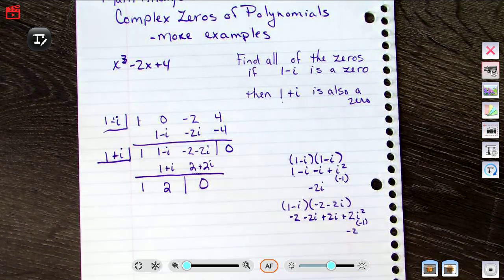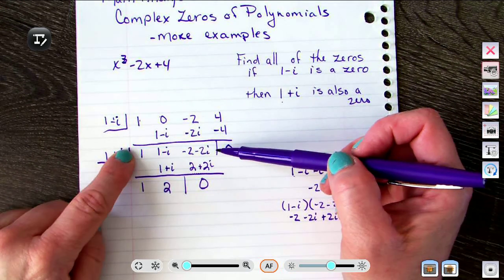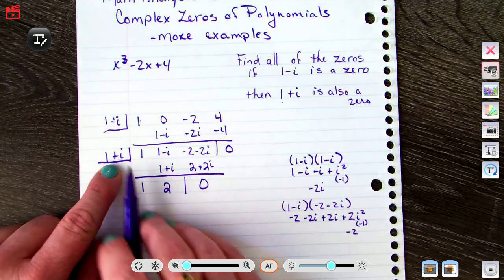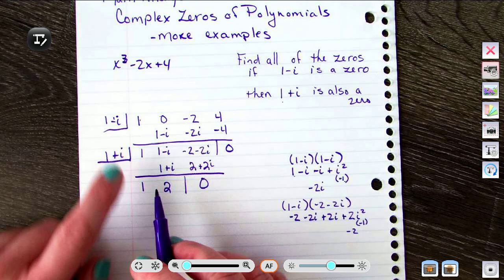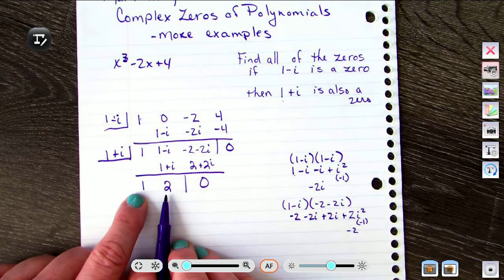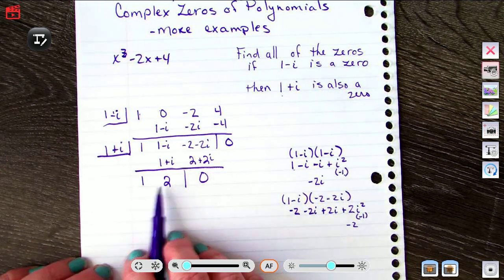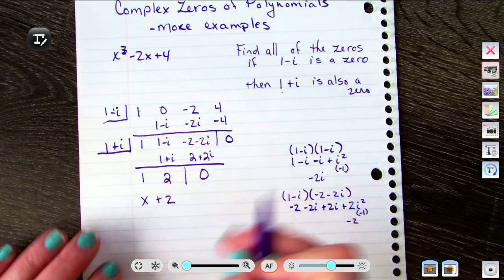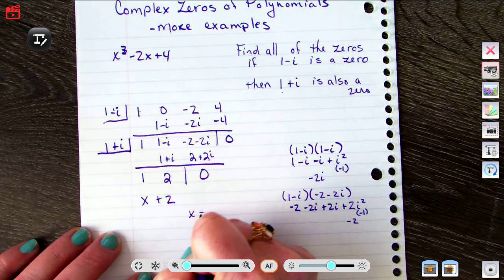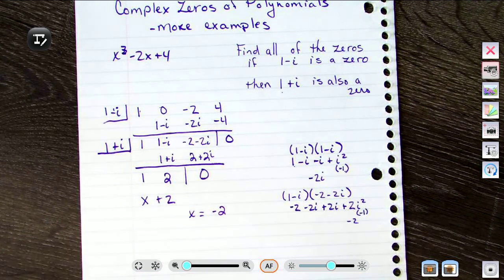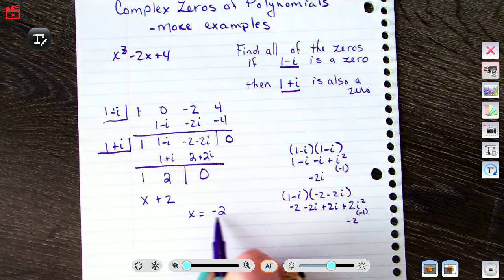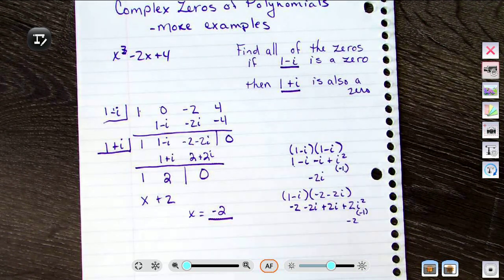So even though this was ugly when we were done, once you take that second conjugate 0, everything's going to work out nice, and you'll then be left with nice integer values again. And this one represents x plus 2. So from here, I now know that x equaling negative 2 is my third 0. So my first 0, my second 0, and my third 0.